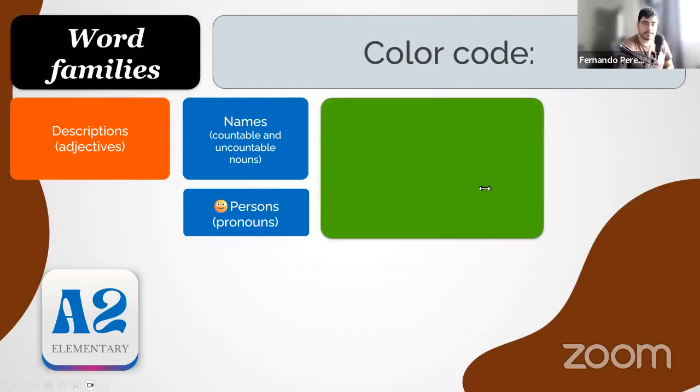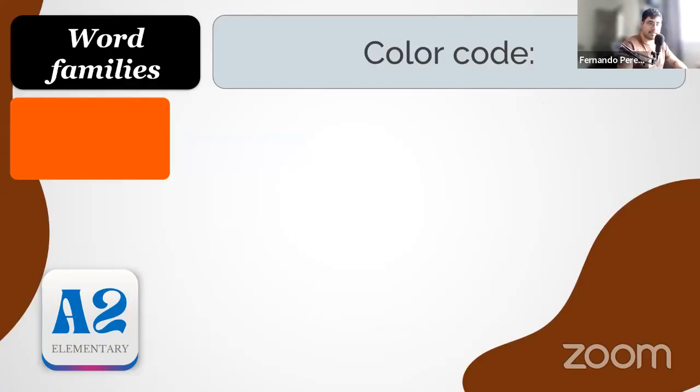Color green. Gabi, what words are color green? Verbs. Very good. These are verbs, and the characteristic of verbs is that they are either regular or irregular. This is the principal information we have.